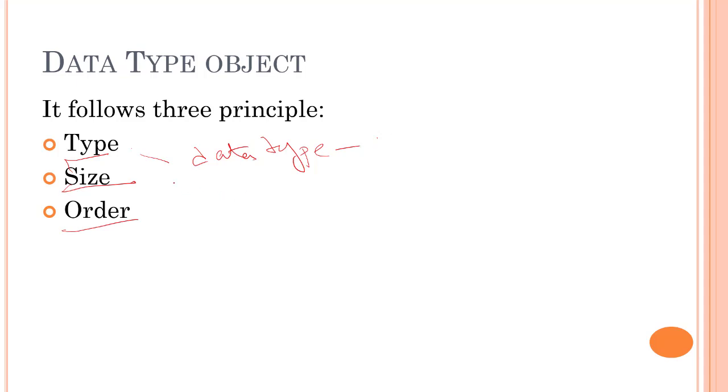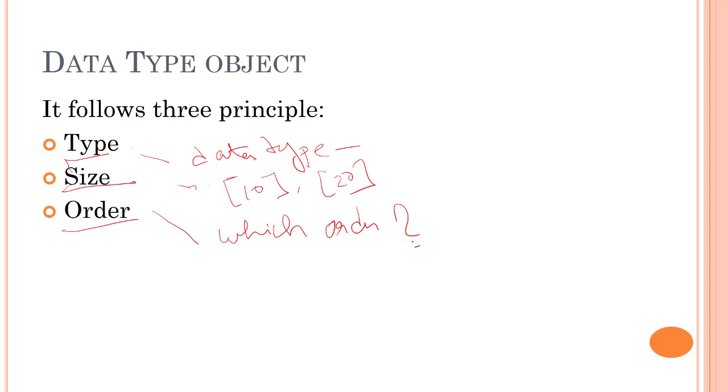Then the size: what is the size of the data type, meaning the values, should it be an array of size 10 or 20. And order: which order we need to use for that particular data type. We have to follow these three principles whenever we use a data object.